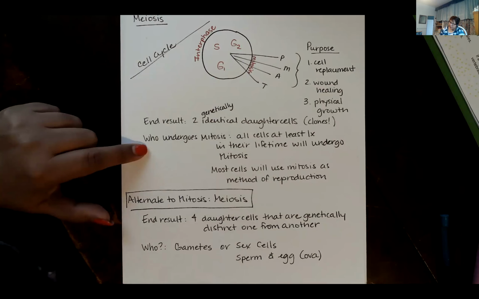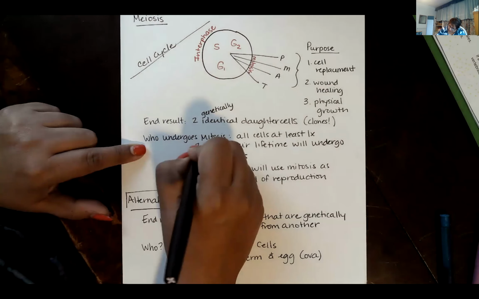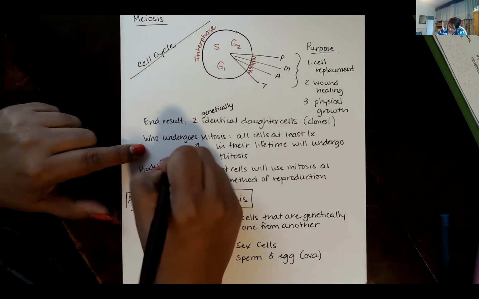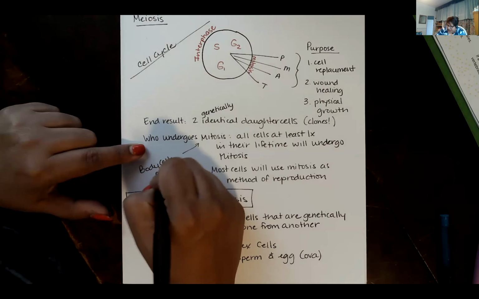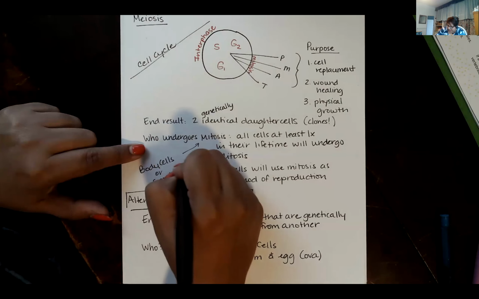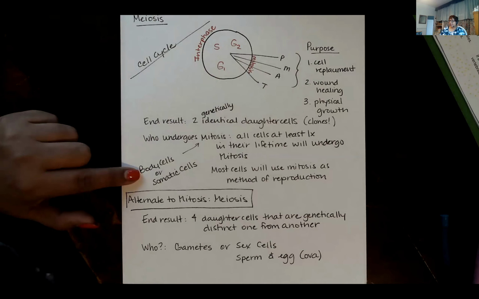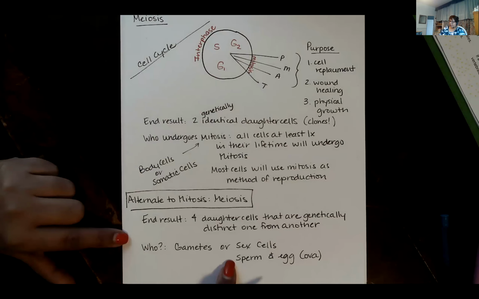Body cells, also known as somatic cells, are like your skin cells, your fat cells, your muscle cells. But your sperm and egg cells undergo a different type of cell division, called meiosis.